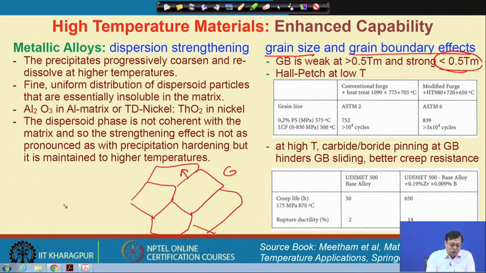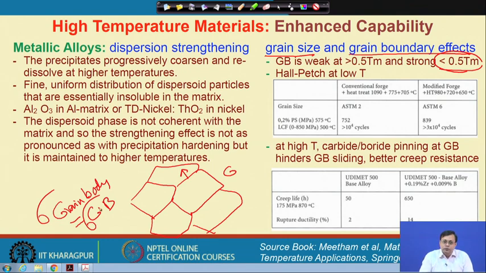Equicohesive temperature means where the grain body and grain boundary have the same strength level. So, this is called the equicohesive temperature. This is usually at 0.5 Tm, where Tm is the melting temperature multiplied by 0.5.